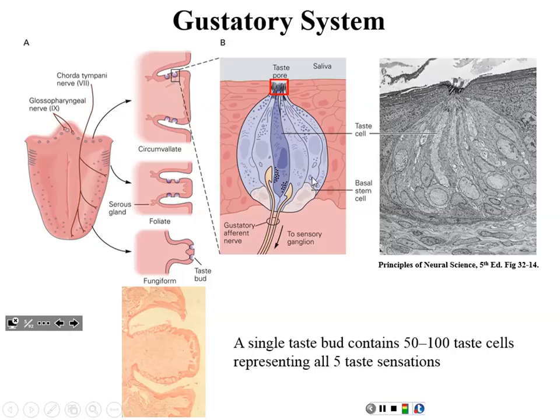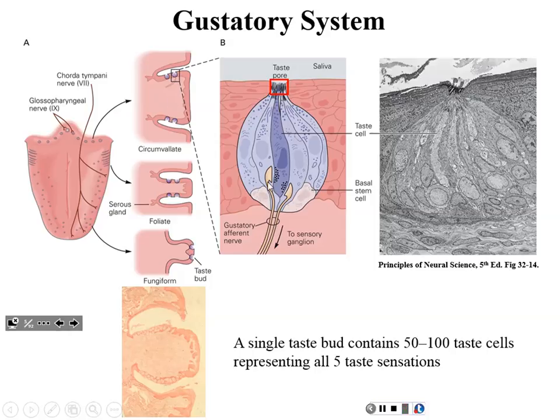It contains supporting cells, taste cells, and basal stem cells. And also, there are afferent connections that make a synaptic contact on the taste cells. And here is a transmission electron micrograph of this representation. In the taste pore is where we are going to detect different molecules.